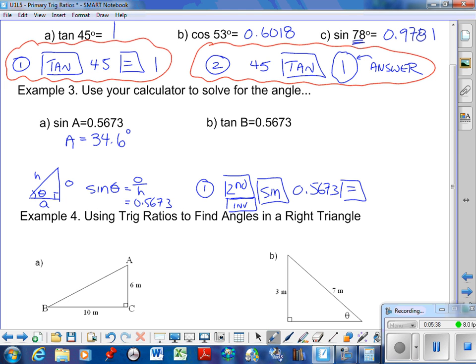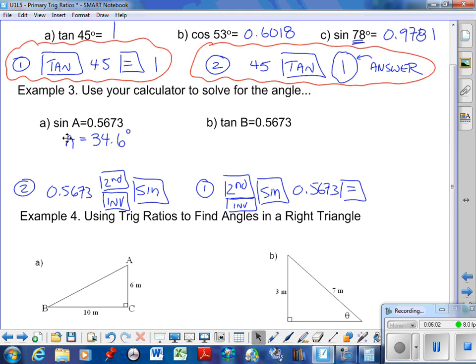Calculator number two, I had to enter in my decimal first, 0.5673. I then hit my second or inverse button, depending on your calculator, and then you hit the function in question, and the answer automatically spits out. So those are your two types of calculators. Please make sure you figure out which one you have.